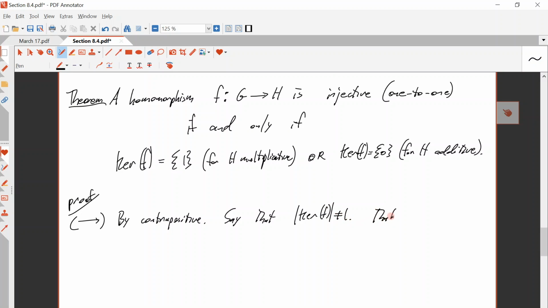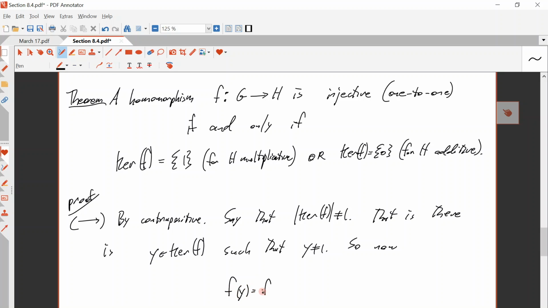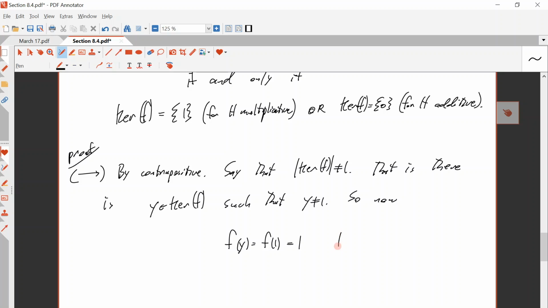That is, there is y in the kernel of f such that y is not equal to 1. Right, so now f of y is equal to f of 1, which is equal to 1. We're using multiplicative notation here, but y is not equal to 1. Right, so f is not one-to-one.